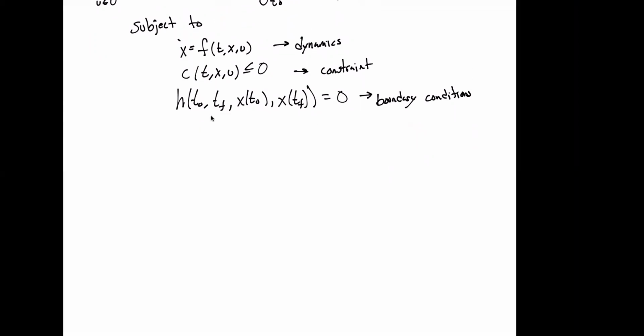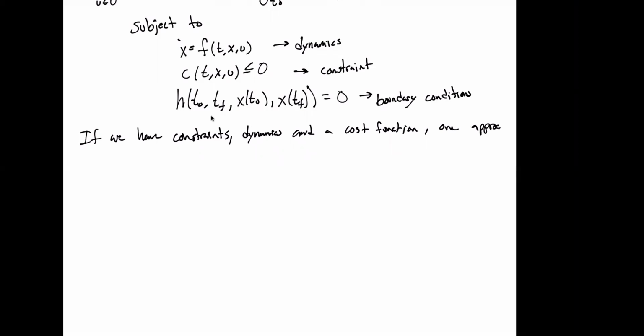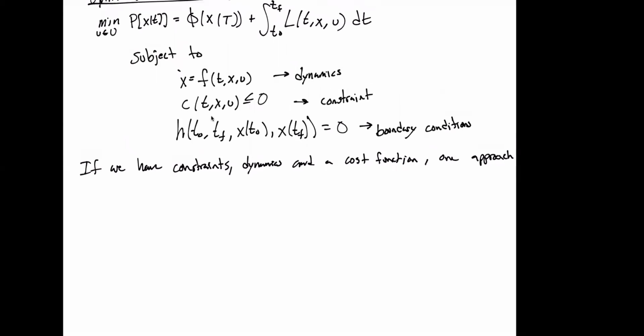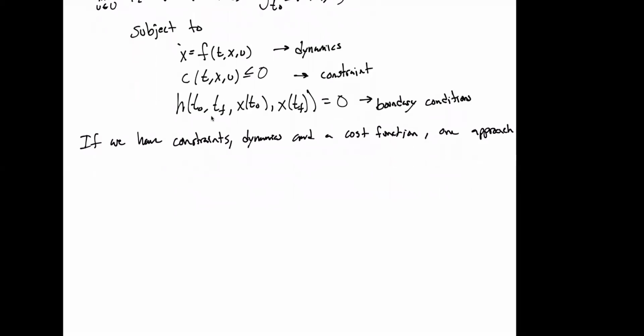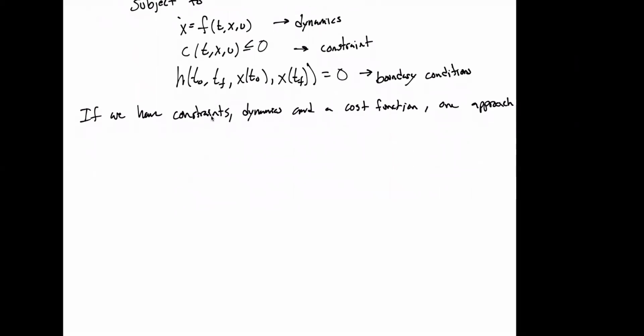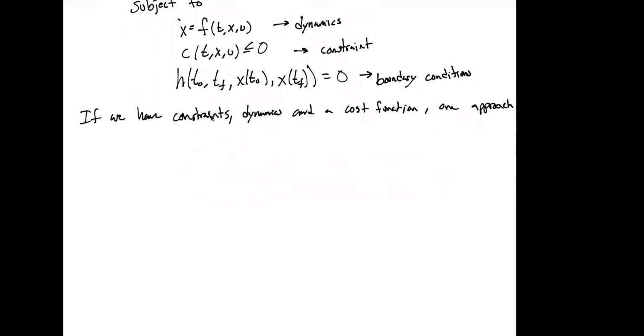If we have constraints, dynamics, and a cost function, one approach to find what's called a feasible solution, or a solution u that satisfies all of these criteria, is through Lagrange multipliers.